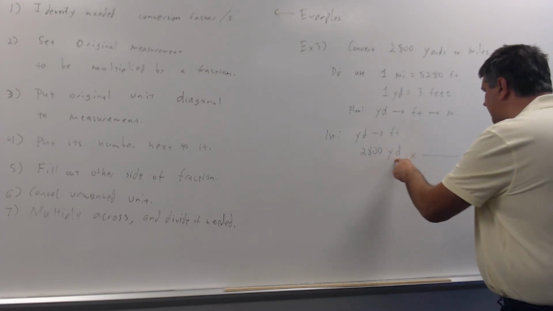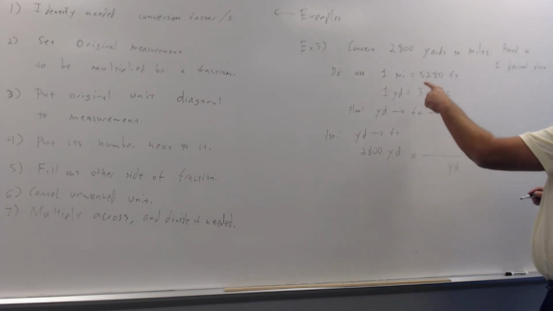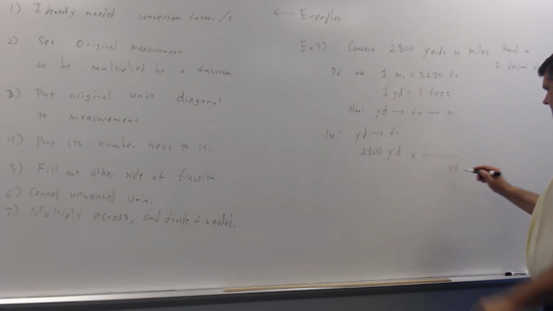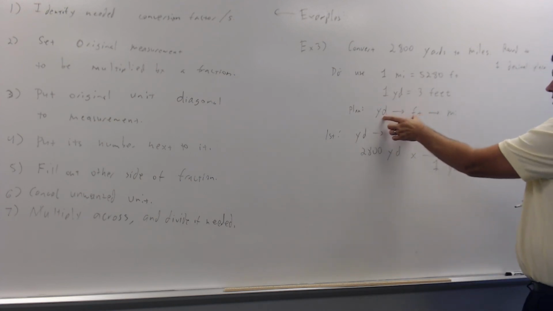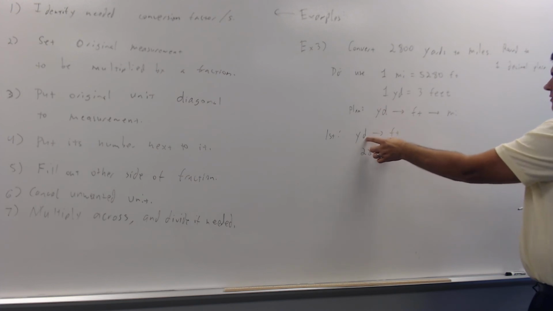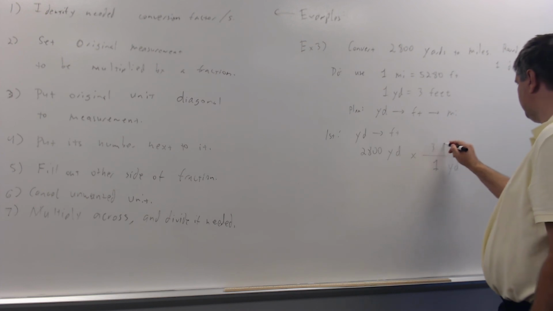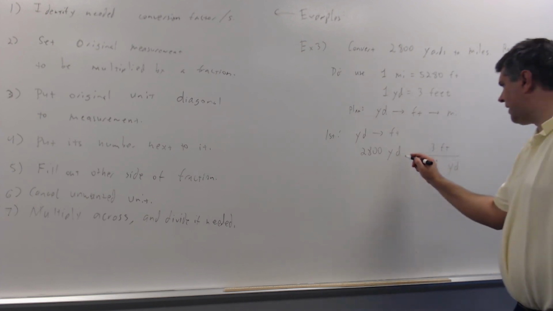My unwanted unit is the yard, so I will put a diagonal to it. Its number, yard, goes with 1. Doing the yards to feet, the top will be 3 feet. Cancel my yards.